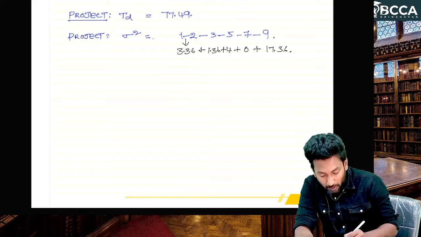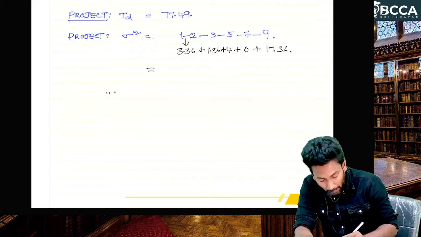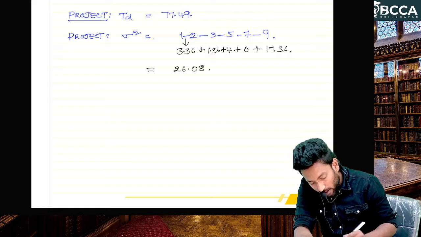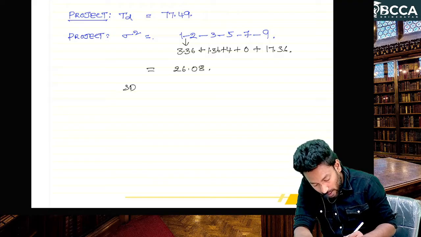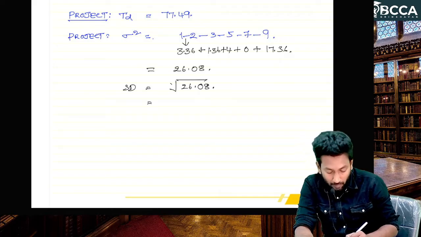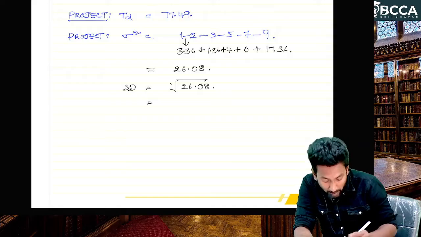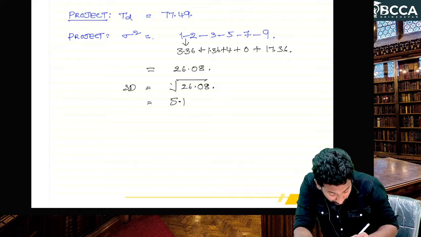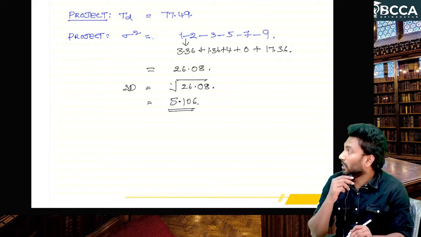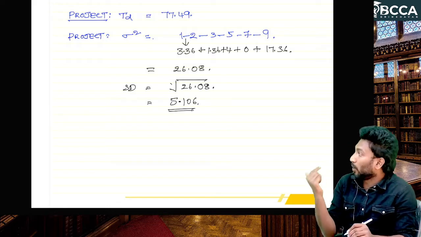In total, how much, sir? 26.08. Now the project standard deviation is the square root of 26.08, sir. 5.106 is the standard deviation of the project.